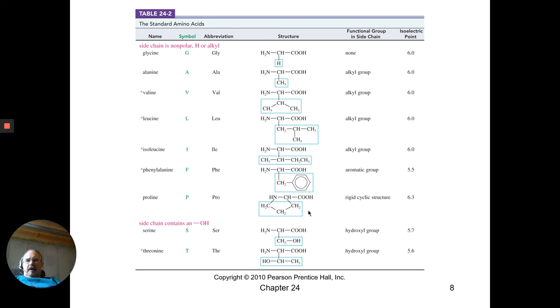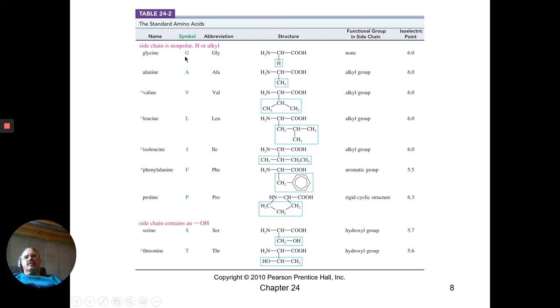Okay, so here we have a table of the various amino acids, and these are grouped according to whether the side chain is nonpolar, whether it has an OH. We'll look at sulfur-containing side chains, carboxylic acid, and nitrogen-containing side chains. Okay, the various columns.